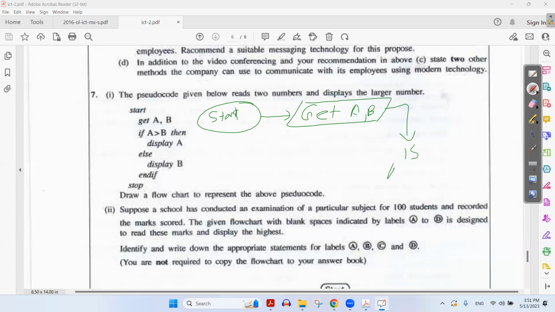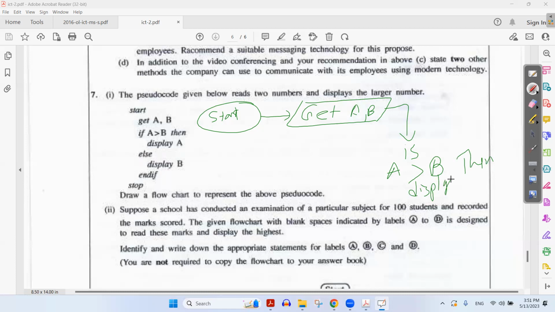So here, better we ask the specific thing, right?